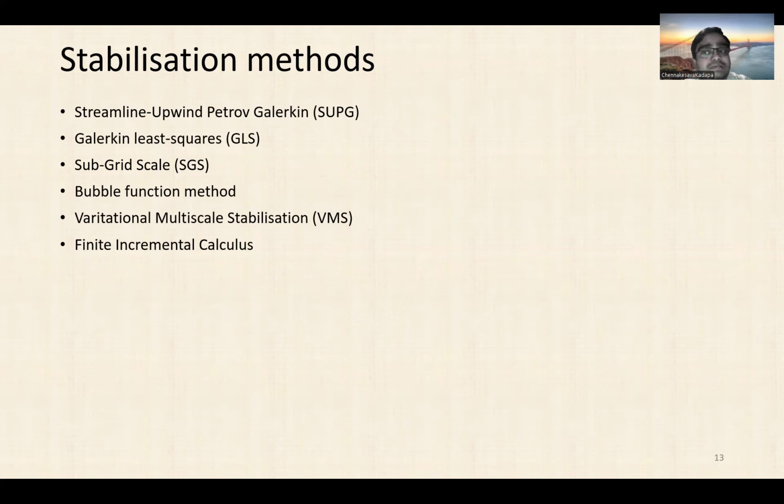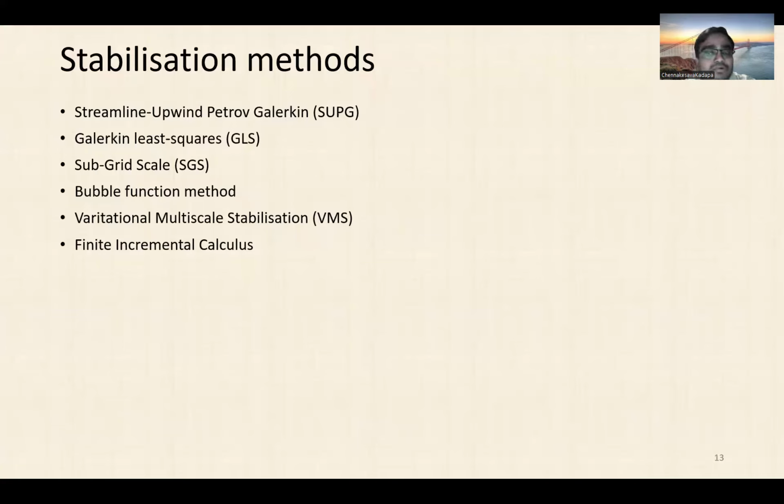There is a subgrid scale stabilization, and a stabilization based on bubble functions, and a versatile stabilization based on the variational multiscale method. This is called variational multiscale stabilization, which we use even for turbulent flows. So it's really a quite powerful method. And there are other methods such as finite incremental calculus.